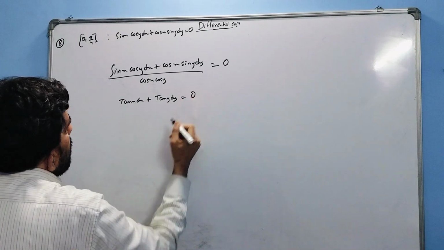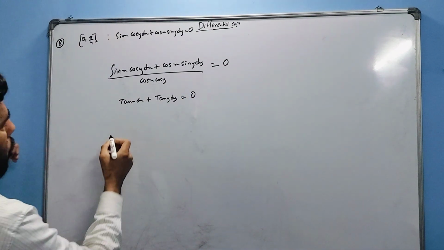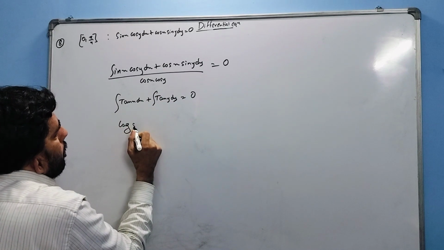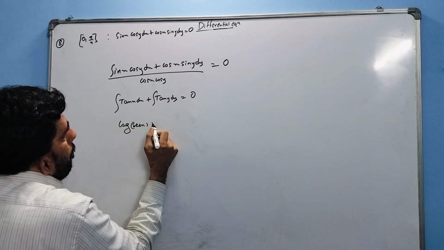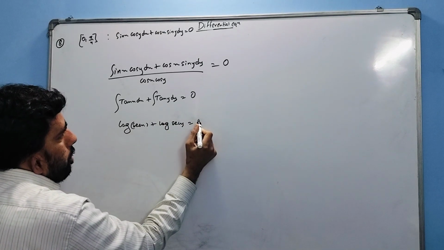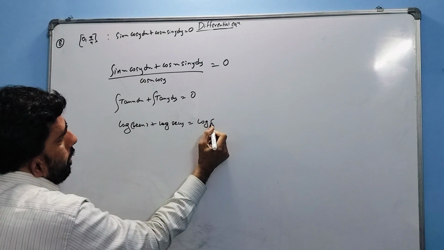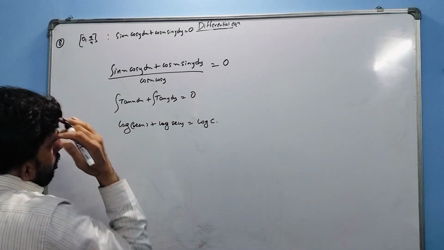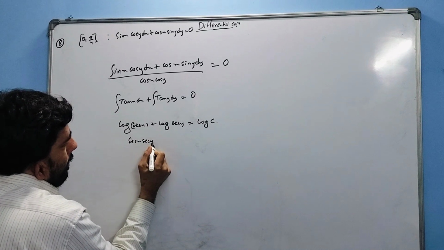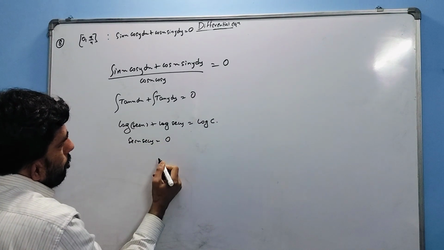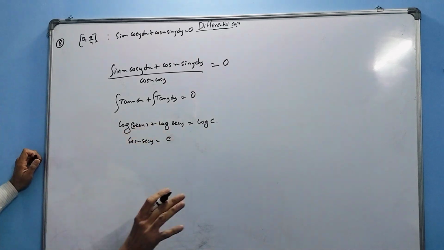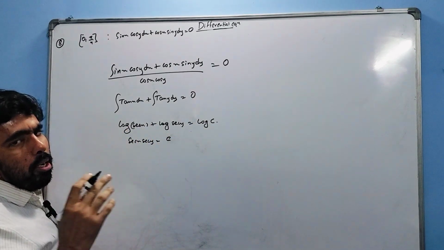So now what we can do, we can integrate it. We got log of sec x plus log of sec y is equal to log of C. Okay, so now we have sec x sec y is equal to c.